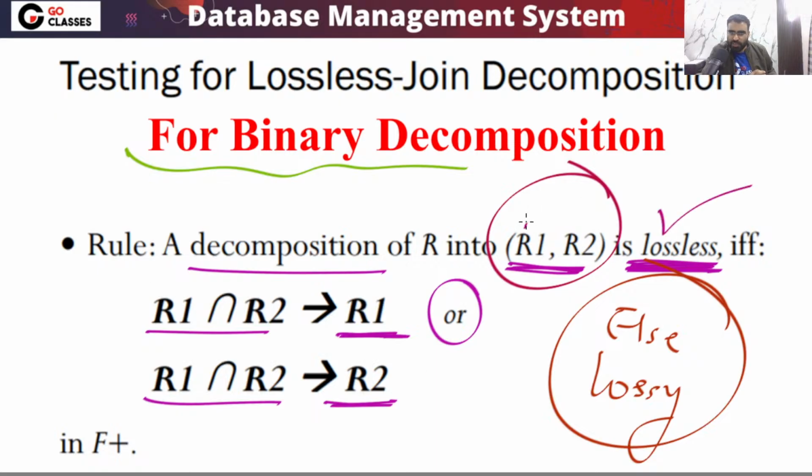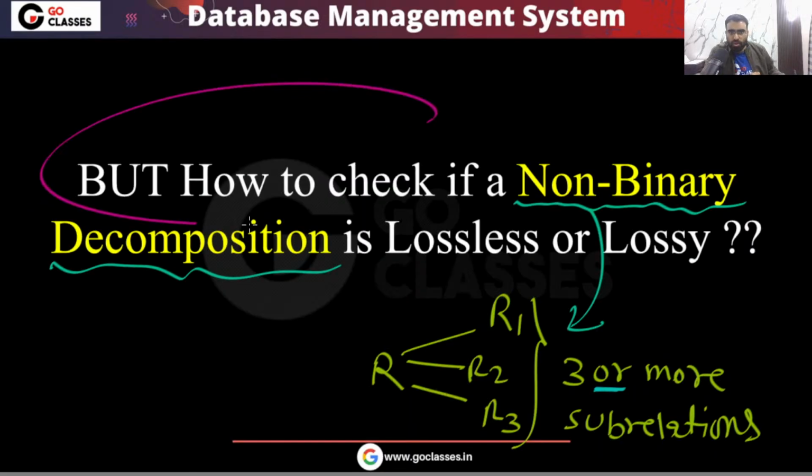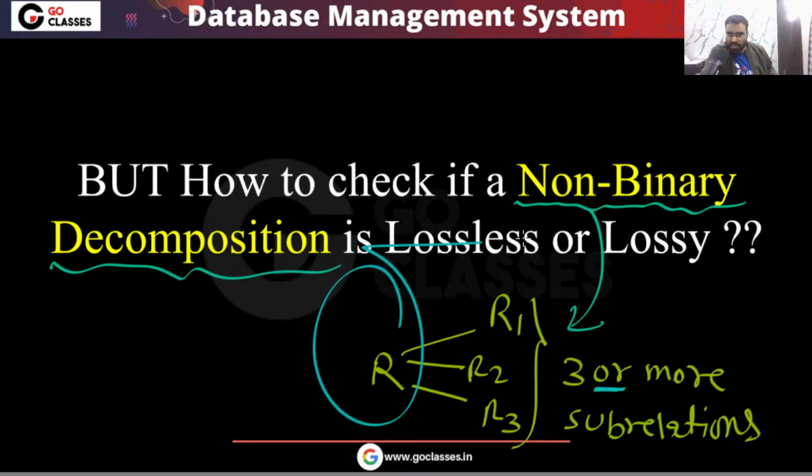You just find the set of all common attributes, and that must be a super key in at least one of these decomposed relations. This is the method for binary decomposition. But how to check if a non-binary decomposition is lossless or lossy? If we decompose a relation into three or more sub-relations, how to check whether this decomposition is lossless or lossy?